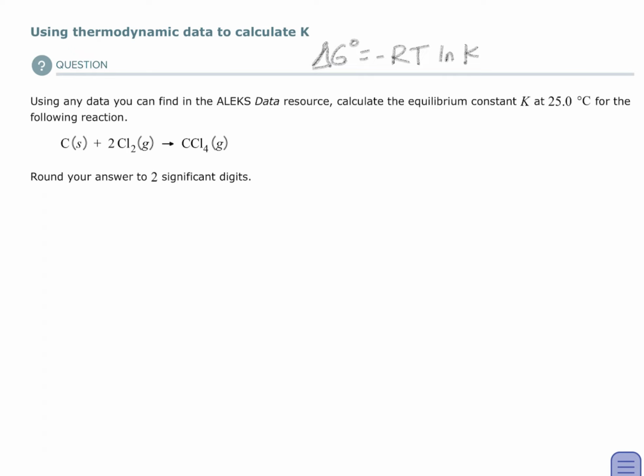It's just carbon. It's not a compound, and chlorine gas is also chlorine in the free state. So these are not going to have a formation energy because they're already formed. They're not actually needing to be formed. They're already the starting products. So you are simply going to find the formation energy of CCl4.